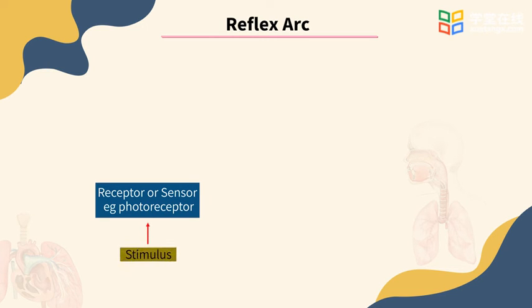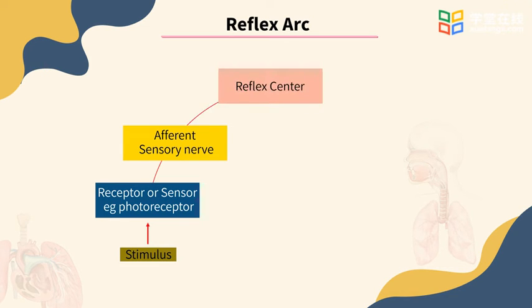When receptors are stimulated, impulses are generated in the afferent fibers. Afferent means conducting towards the center. Afferent nerve fiber originates from the sensory neuron. It transmits sensory impulses from the receptor to the reflex center.